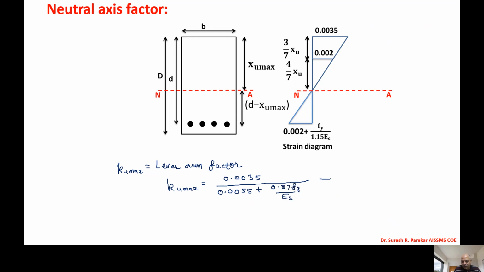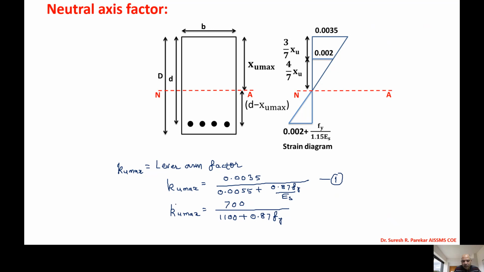This is one way you can calculate Ku max value, and another way also we have seen, we have Ku max equal to 700 divided by 1100 plus 0.87 fy.